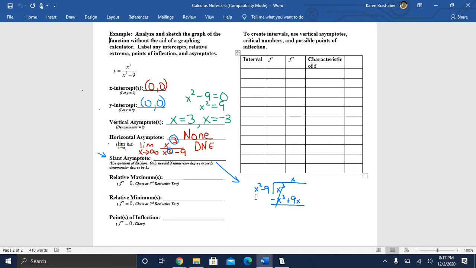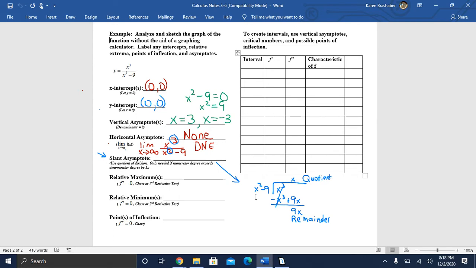There is nothing that will multiply by x squared to give you 9x. So the 9x is the remainder. And the slant asymptote does not use the remainder. It uses the quotient. So the quotient is the x.